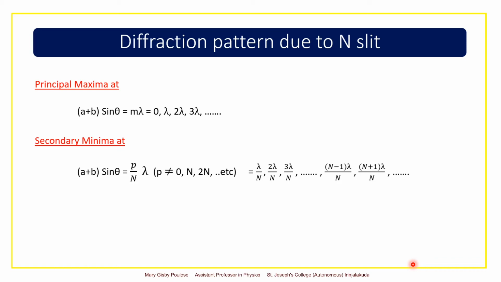Then 2 lambda by N, here p equal to 2. Then 3 lambda by N, 4 lambda by N, 5 lambda by N, etc., up till (N minus 1) lambda by N.